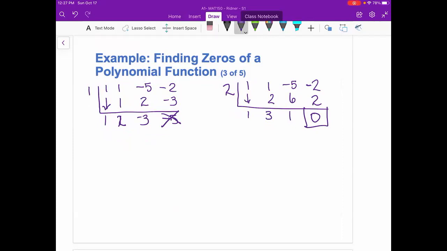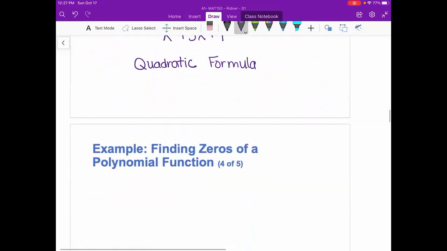You got that. Good job. All right. So now that I have a remainder of 0, I have a function that is now x squared plus 3x plus 1. Anytime I have a quadratic, I'm going to use the quadratic formula. Yay, I know you're excited. So -b, b is 3, so it's -3, plus or minus the square root of b squared minus 4ac.